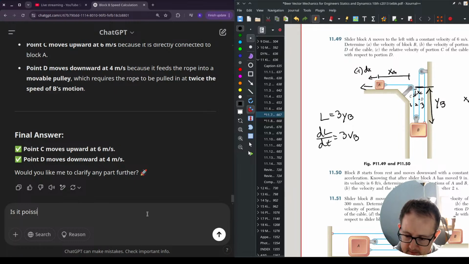Is it possible D is moving 3 times VB because there are 3 chords, 3 sections of chord?